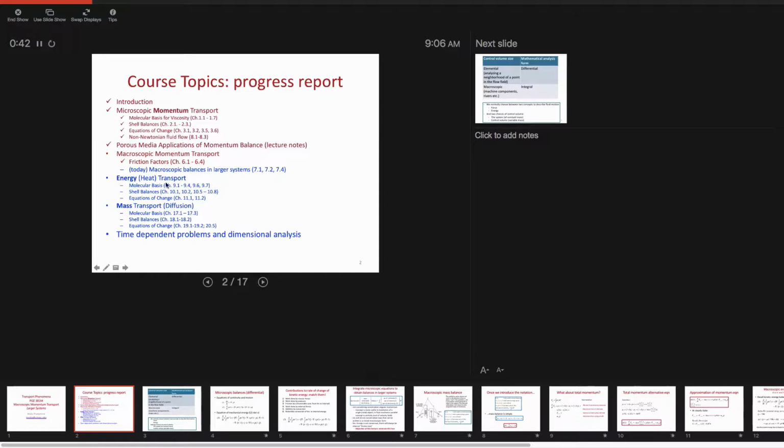So this is sort of the bulk of the most difficult part of the transport class. A lot of other classes actually start with heat and mass transport, especially when it's an introduction, because they're somewhat easier to develop.